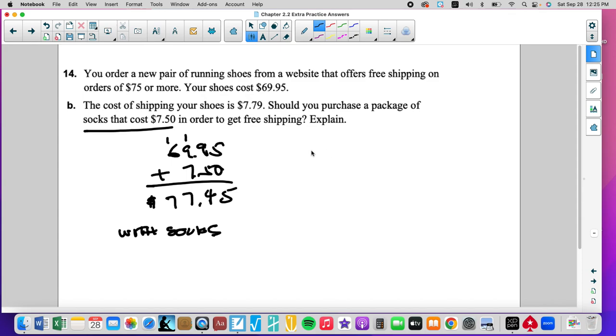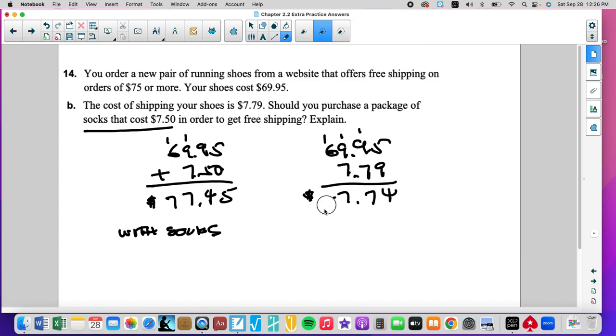If I don't get the socks, I have to pay $7.79. So that's 4, carry 7, carry 7, carry. So if I just buy the shoes alone, oops, sorry, that's not 5, sorry, that's 7. So if I buy just the shoes, so this is shoes and shipping, I'm going to have to pay $77.74.